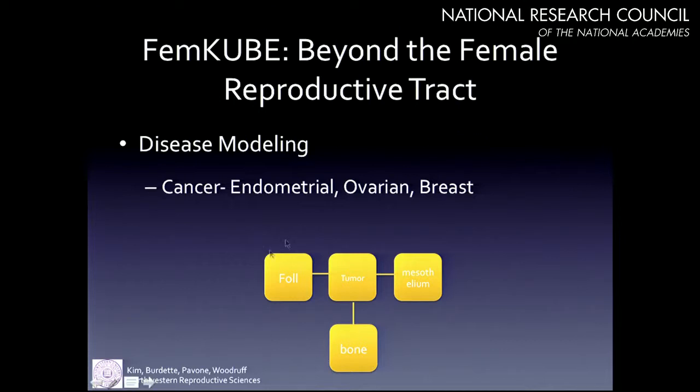You can imagine that the follicle as a source of hormones can be linked to the diseased tissues, the tumor, and then we can study how that potentially affects metastasis, either to the mesothelium or to bone, for instance. And we can then test a lot of different compounds to determine how that movement is affected.